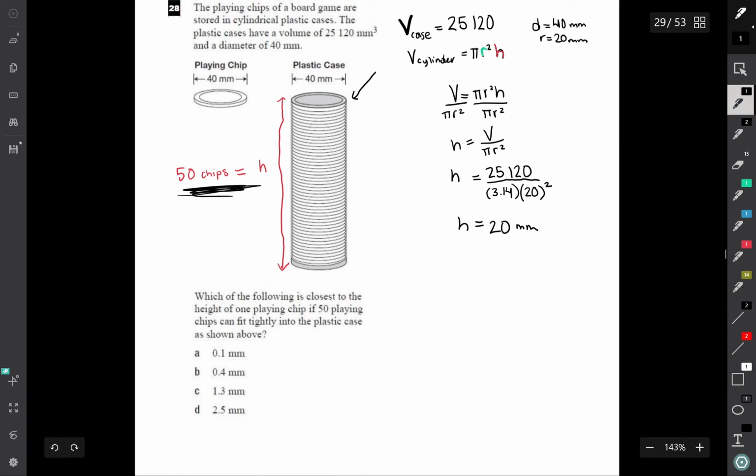So the height of one chip is going to be equal to 20 millimeters divided by 50, because there are 50 chips. So we divide that by 50 and we get 0.4 millimeters. Okay, so that's the height of one of our chips.